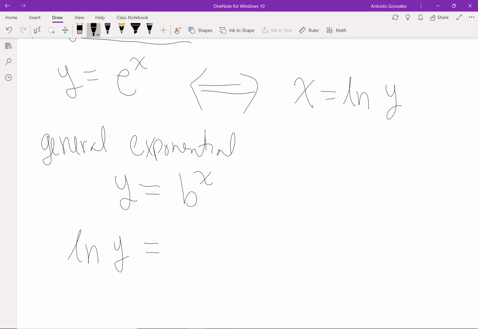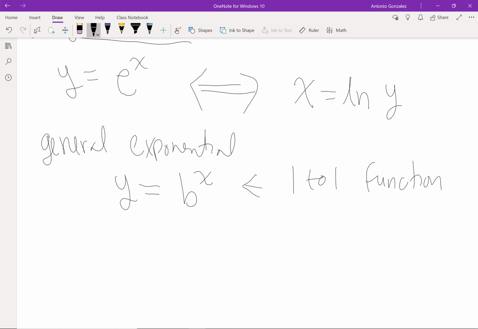Let me take a step back. The general exponential is this, and one thing we realize is that since it is an e to the x, this is a one-to-one function, because b to the x is simply another representation of e to some power.